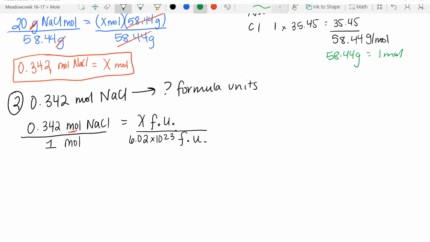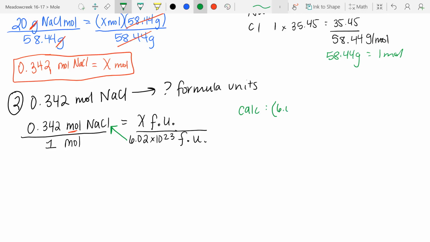So let's go ahead and do that. Cross multiply here. Now, when you're working with exponents, it's very important to make sure that you are typing things in your calculator correctly. So the way you would type this in your calculator, so calculator over here, you would put a parenthesis, because anytime you have a number with an exponent, you want to make sure it's in parentheses.